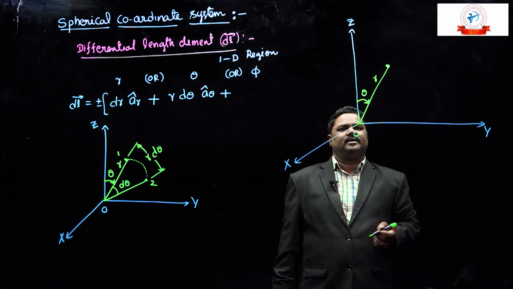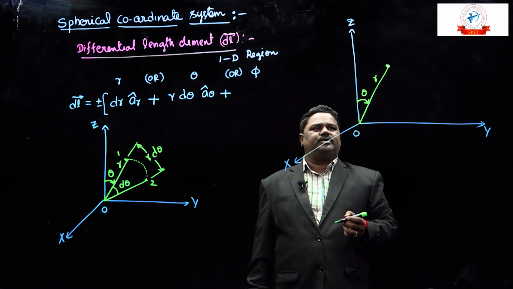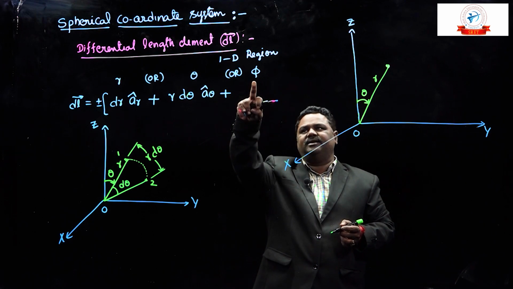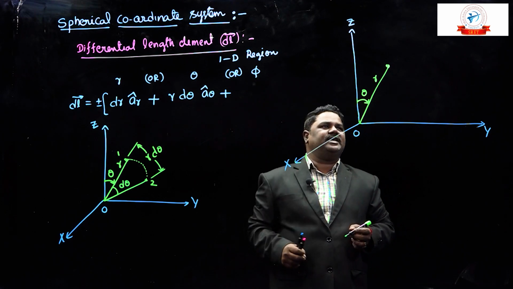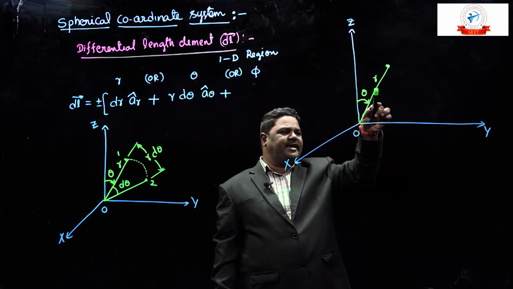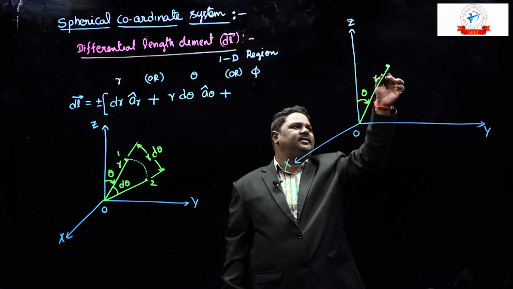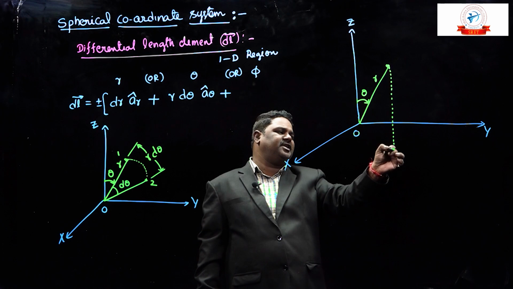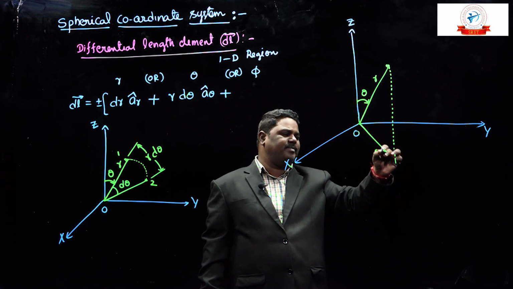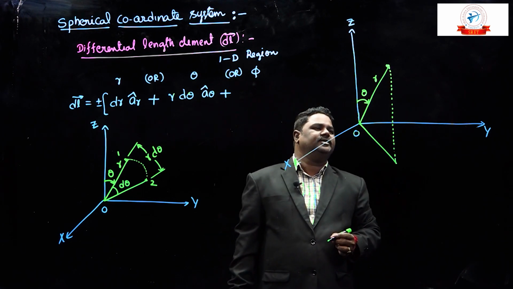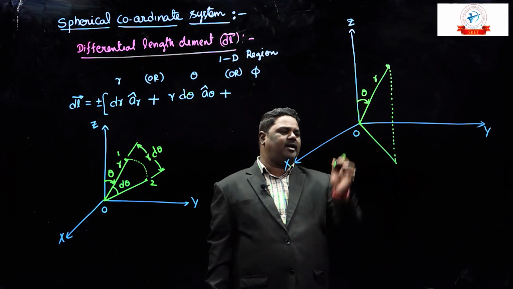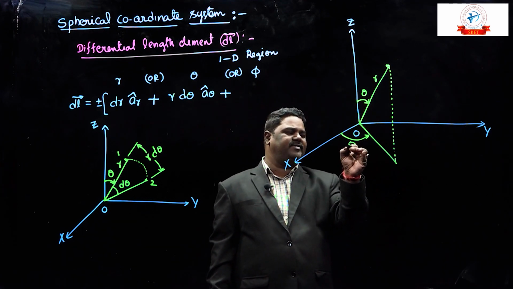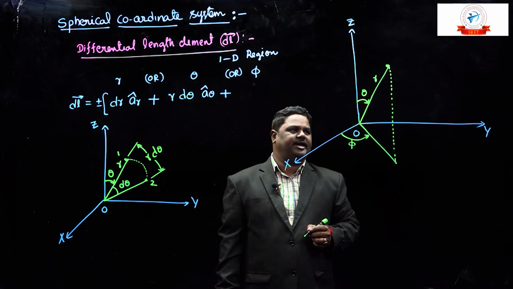Now to represent the horizontal angle made with the x-axis, that is phi, I am going to consider the projection of this line onto the xy plane, like this. So this is the projection of this length r. Now you can show the horizontal angle made with the x-axis, this is phi here.